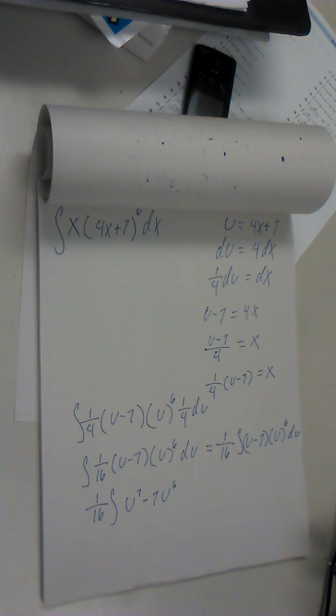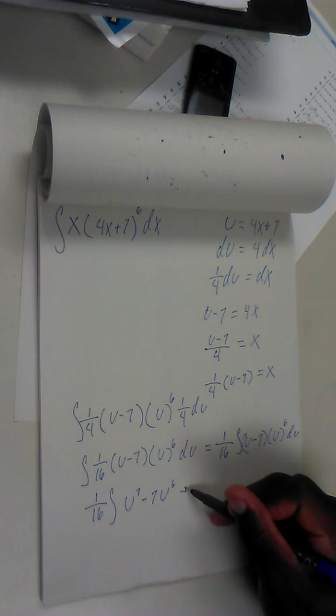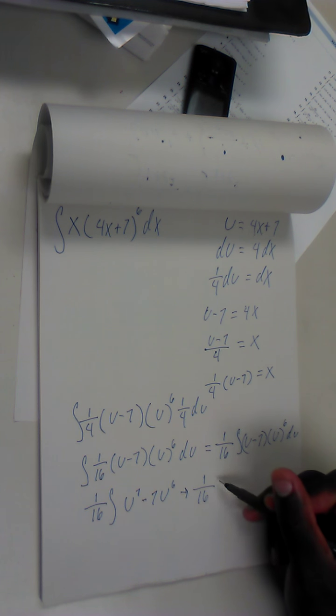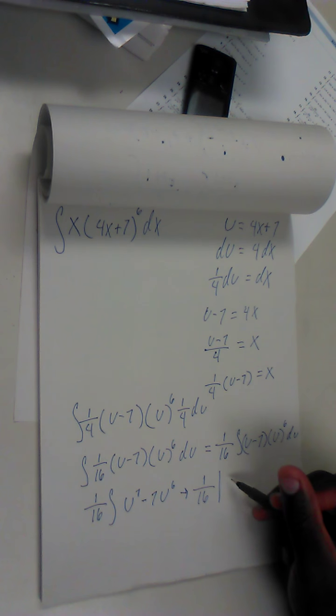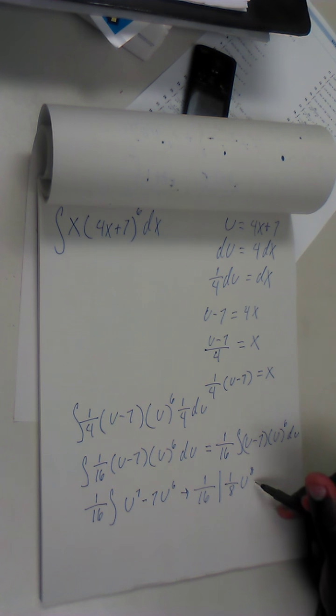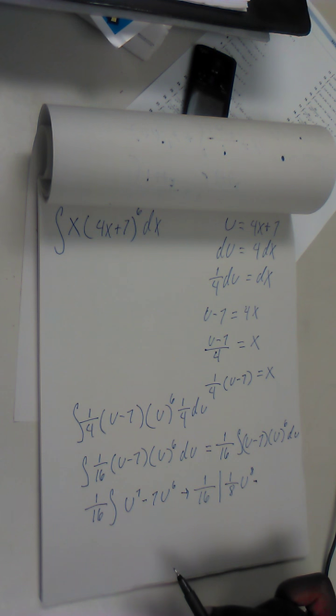Now we're ready to integrate. I've got 1/16 times 1/8 u to the 8 minus 1/7 u to the 7th times this 7.